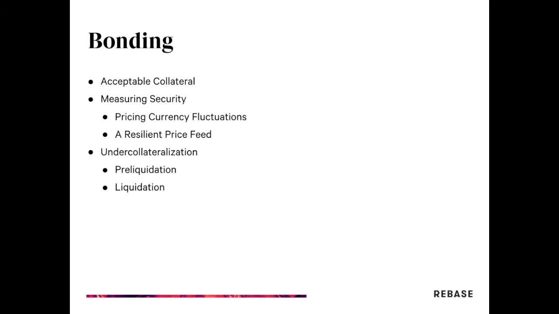So I think there is a longer treatment of the price feed later on, but just to touch on it now, the tBTC protocol won't try to stabilize the price of the tBTC token. The market will do that.